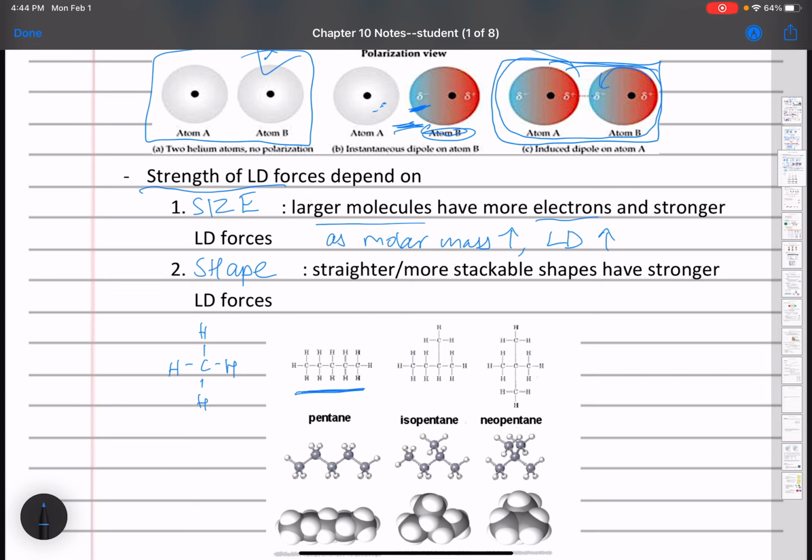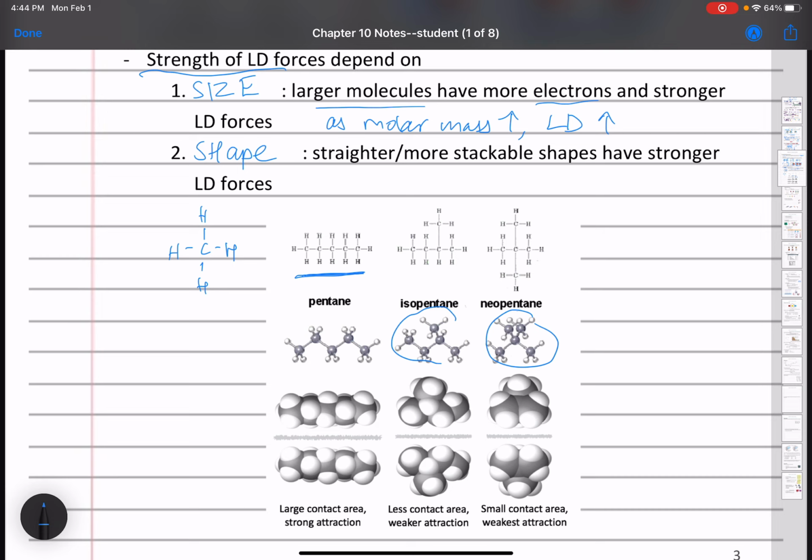Another thing that affects it is the shape of the molecule. In order for these dipoles to be induced and for their attractions to exist, atoms need to be relatively close to one another, in close contact. If a molecule has a whole bunch of funky branches, then those molecules are not going to be able to pack tightly together and have a lot of surface contact. I like these space-filling models here.